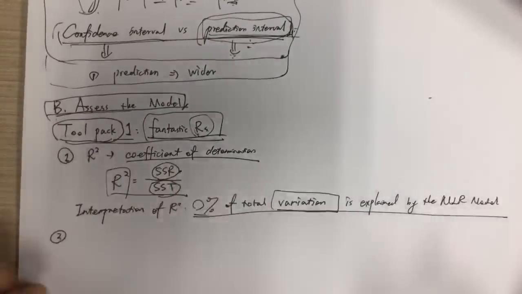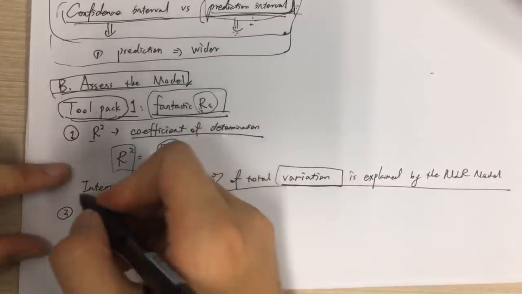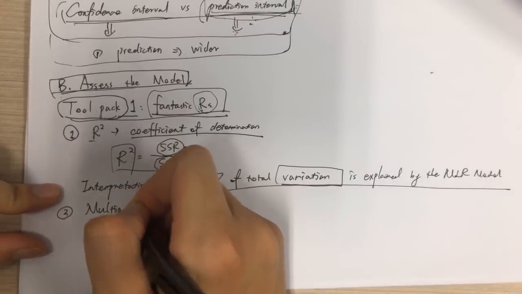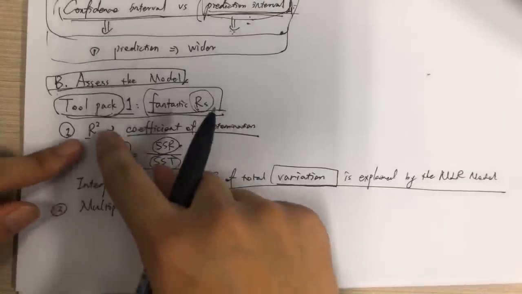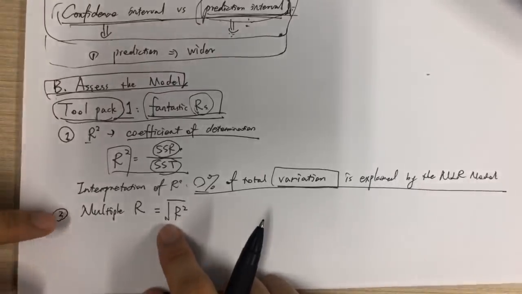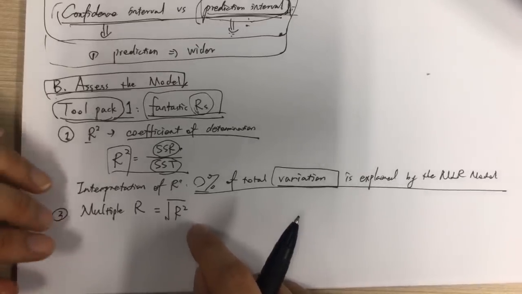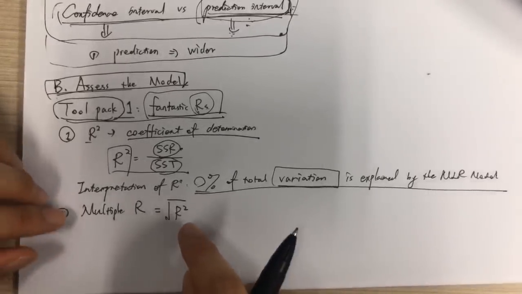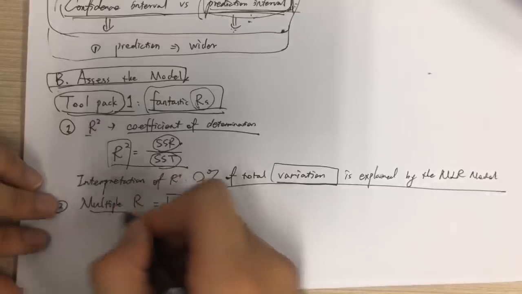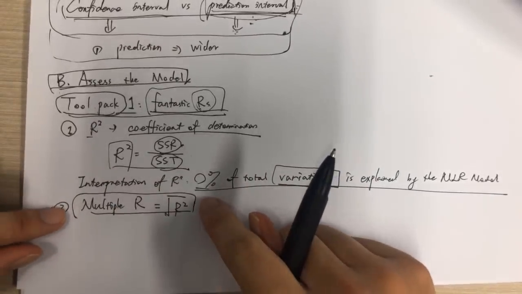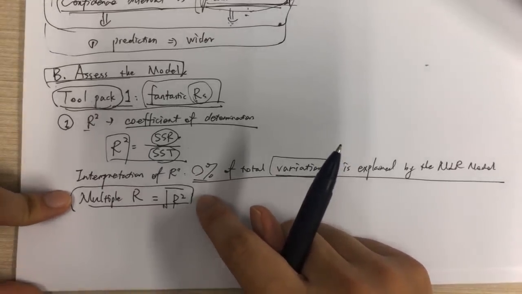Okay, secondly, compared to R square, multiple R. Well, multiple R is just the square root of R square, or just R itself, okay? However, most of the students will lose marks because they don't know the meaning of multiple R. Therefore, if you read these notes 3 hours or just 10 minutes before your final exam, you can probably get 2 more marks, right?